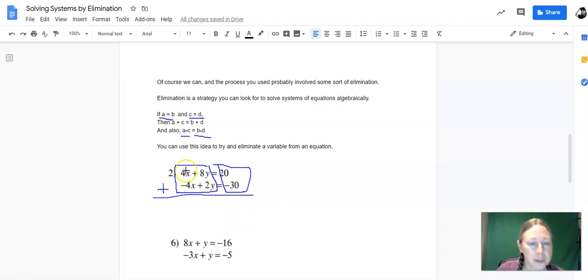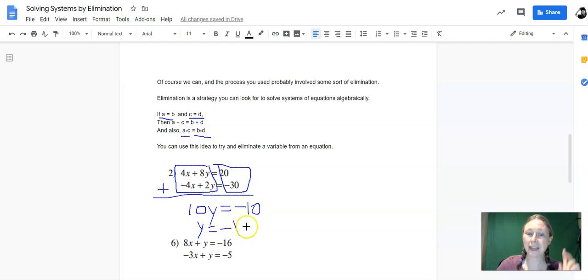So 4x plus negative 4x is 0. We don't need to write it. 8y plus 2y is 10y. And that equals 20 plus negative 30, which is negative 10. Therefore, y must be negative 1, because negative 10 divided by 10 is negative 1.